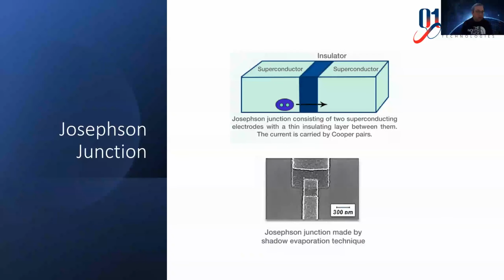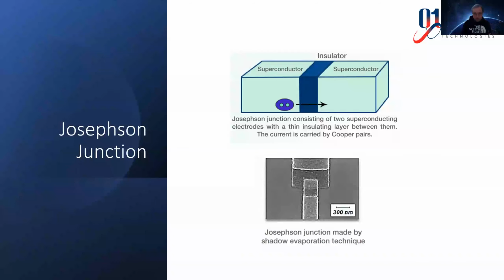Now we're going to explain a little bit about how the Josephson junction makes a nonlinear inductor and how it can be designed. A Josephson junction consists of 2 superconducting electrodes with a thin insulating layer in between. The Josephson effect occurs at very low temperatures, at which the junction becomes superconducting. In this case, the Cooper pairs become the charge carriers and can tunnel across the insulating barrier.